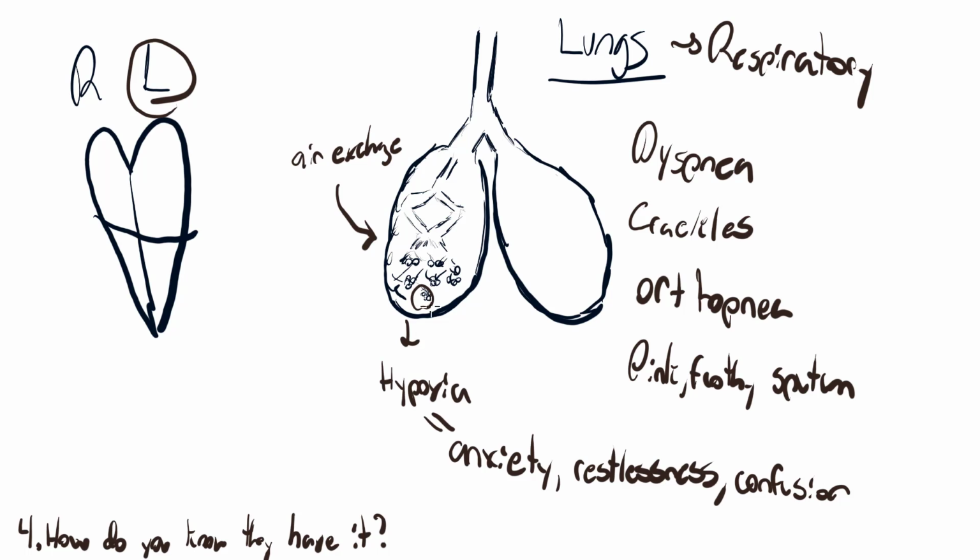These are these little grape clusters here, that's an alveoli, are going to fill with fluid and decrease the PaO2, the percentage of oxygen, which is going to lead to that hypoxia that I mentioned. And that's where you're going to get your other symptoms like anxiety and confusion, right?